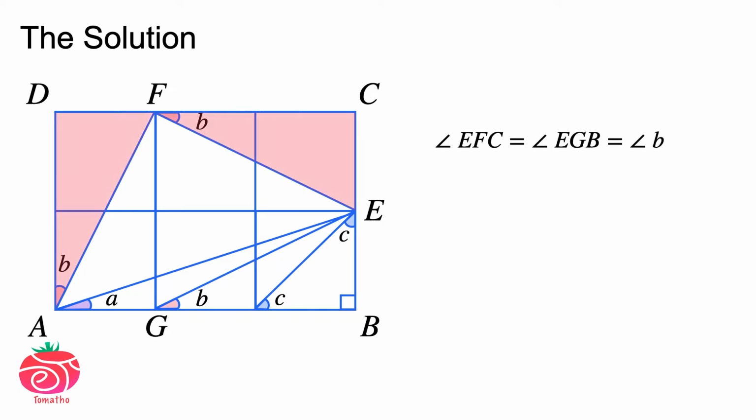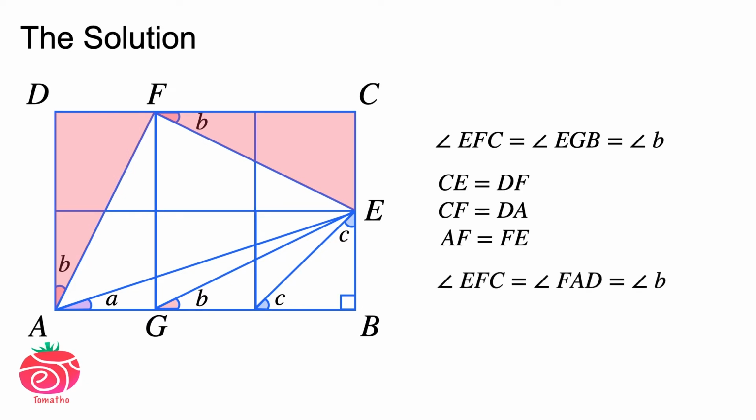You can notice that both of these triangles have the exact same dimensions, where CE equals DF, CF equals DA, and AF equals FE. Thus, these 2 triangles are congruent, and congruent triangles share the same angles as well. So we can infer that angle EFC equals angle FAD, which equals angle B.